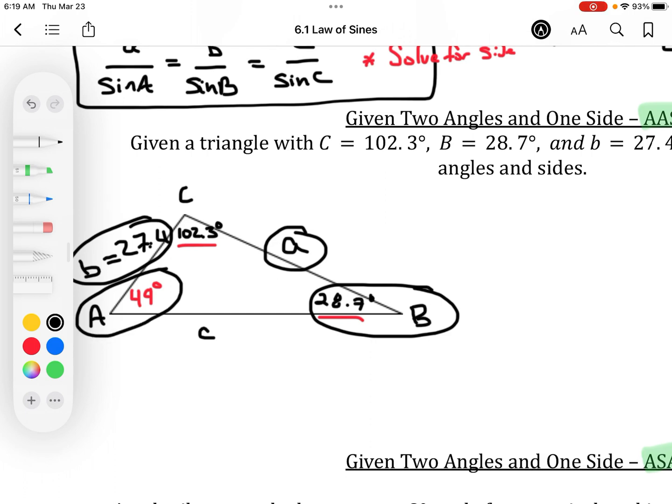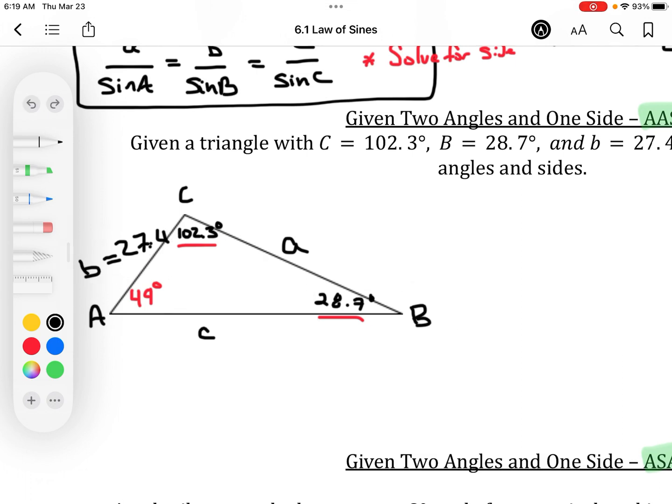So A is opposite angle A, and we know the measure of angle A, we know the measure of angle B, and we know B. That's enough information that we can get started, because as I write this out, I've got A is to the sine of A, which is 49, as, now remember, we always want sides across from sides, angles across from angles.